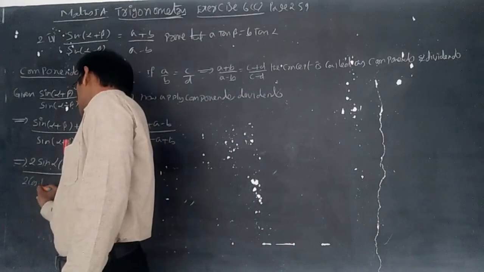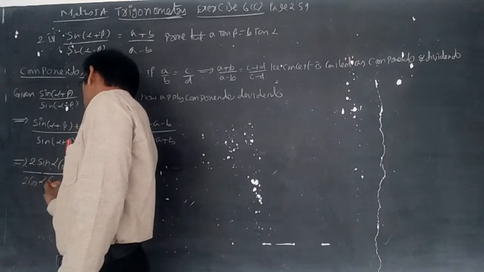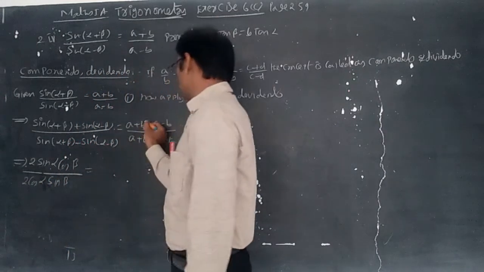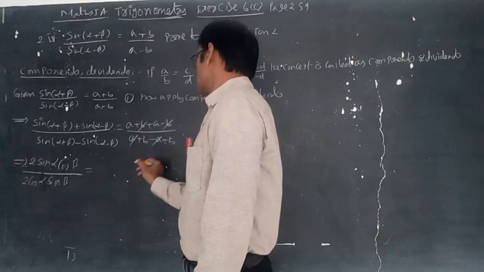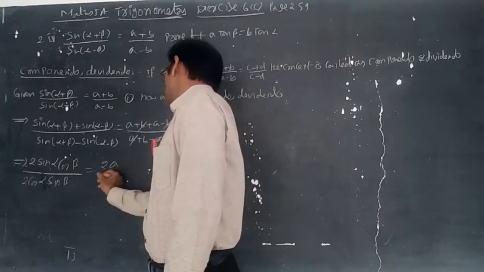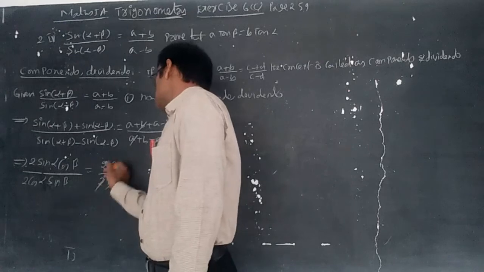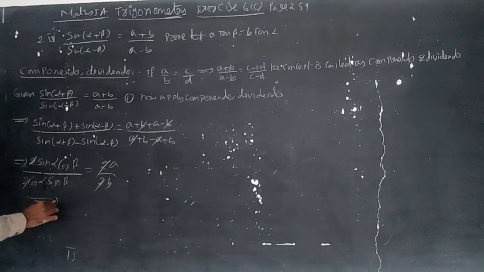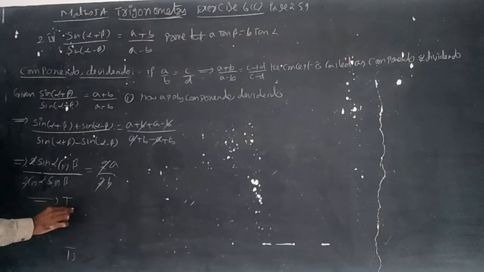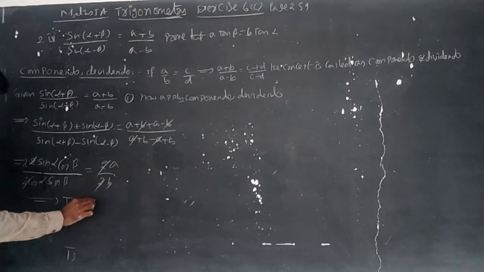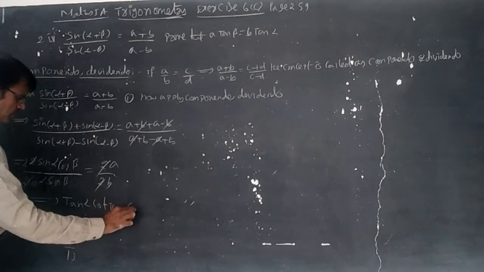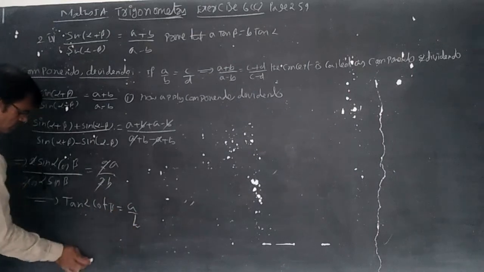So now we can write 2 cos alpha sin beta is equal to, here b and b get cancelled, here a and a get cancelled. So write here 2a by 2b. The 2s get cancelled. That implies sin alpha by cos alpha you can write as tan alpha. Tan alpha into cos beta by sin beta becomes cot beta, is equal to a by b.